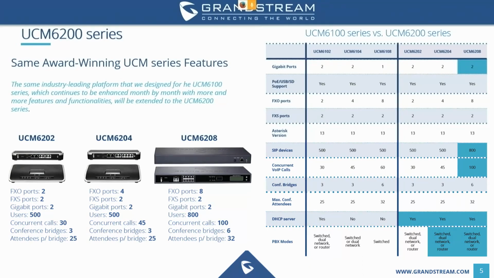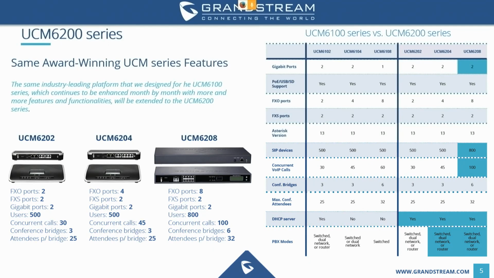They use the exact same firmware version, so we will always support the 6100 series. Some of our distributors still have it available for purchase, and as you can see, it's pretty much exactly the same as the 6200 series. We will always continue to add new features and firmware to the 6100 series as well as the 6200 series.